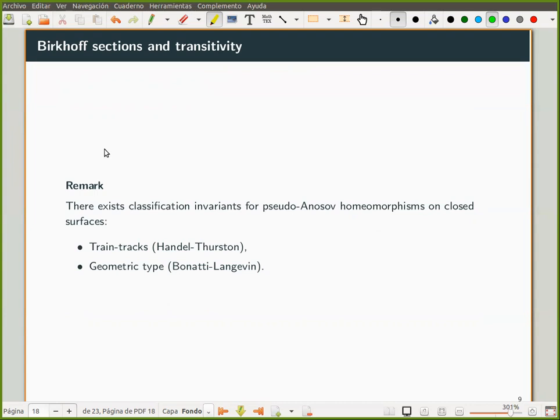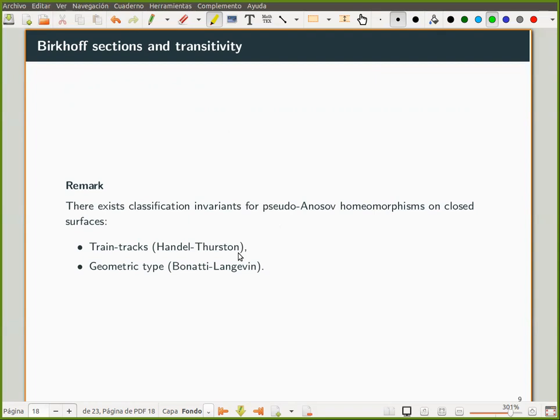And well, since transitive Anosov flows are constructed by suspending pseudo-Anosov homeomorphisms and blowing up periodic orbits, we can hope to use these classification invariants of pseudo-Anosov homeomorphisms to produce classification invariants of the Anosov flow. So it is in this sense that the previous question could be important.